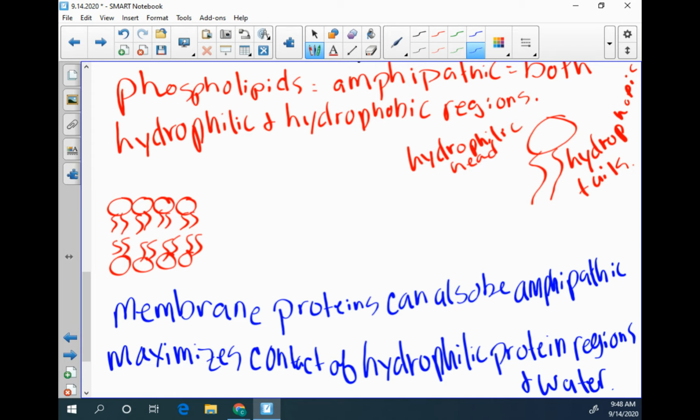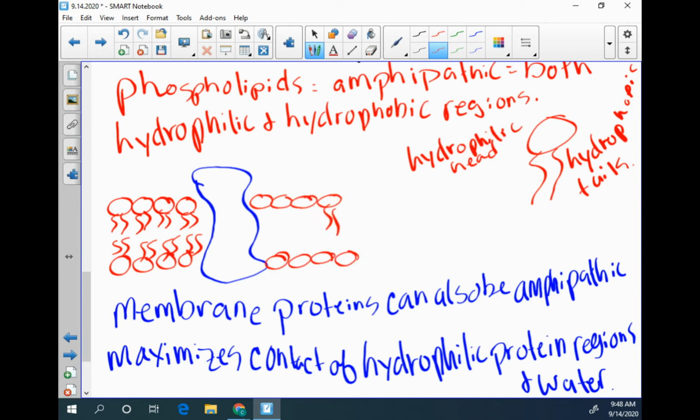So we've got our membrane protein in the cell membrane.